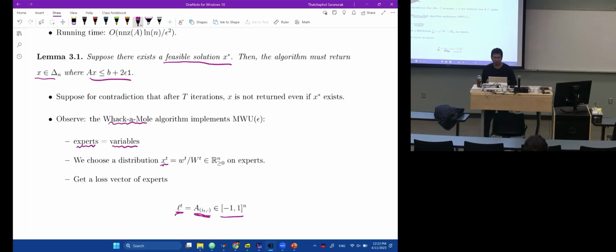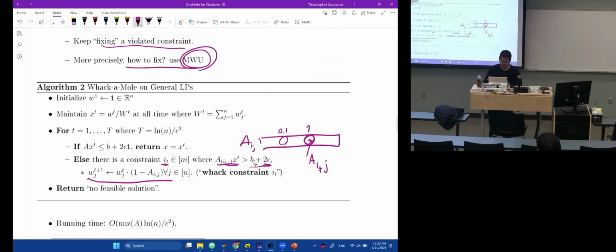Why? Because normally in the weight update algorithm, we update the weight in this way. Oh, sorry, there should be a minus epsilon here.